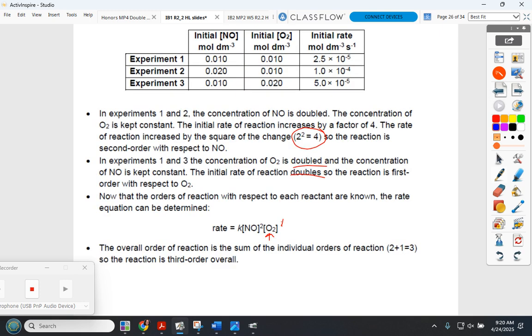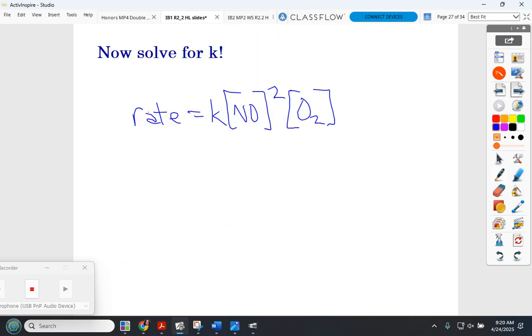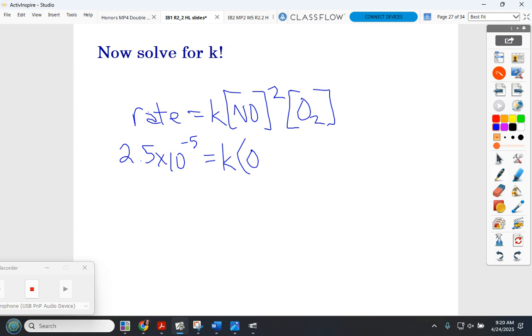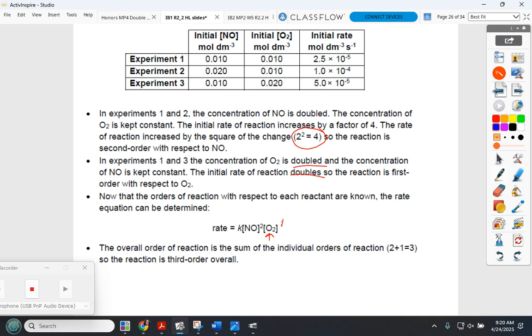The rate is 2.5 times 10 to the negative fifth, is equal to K times 0.01 squared times 0.01.